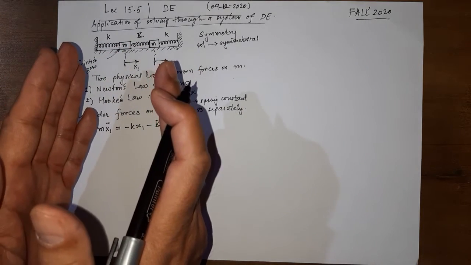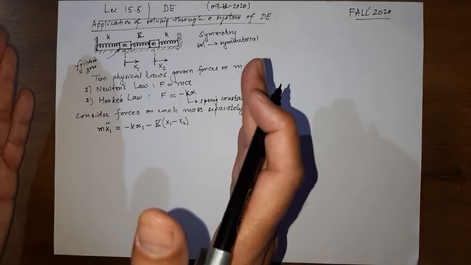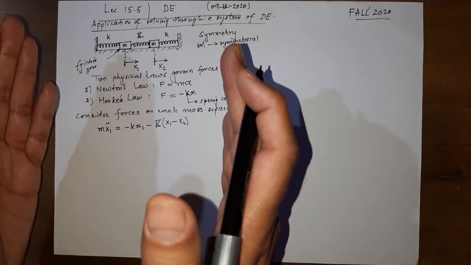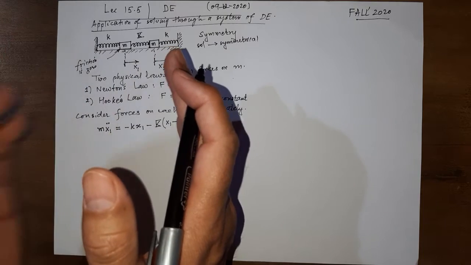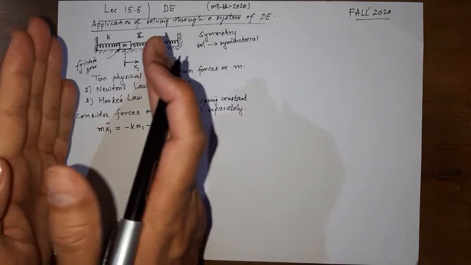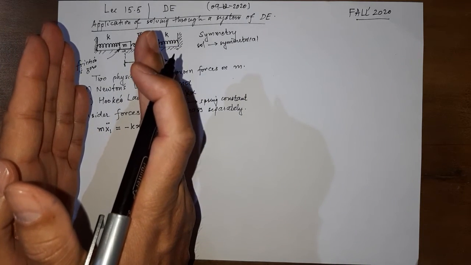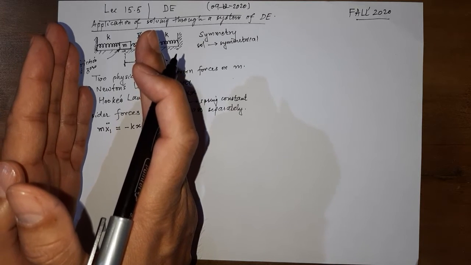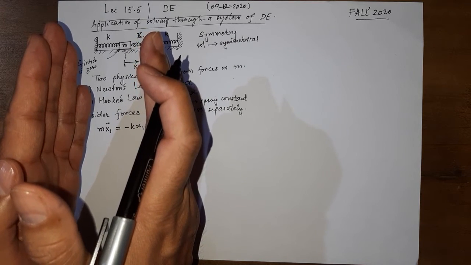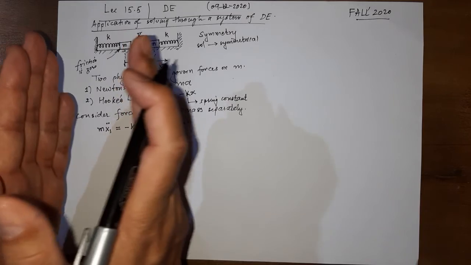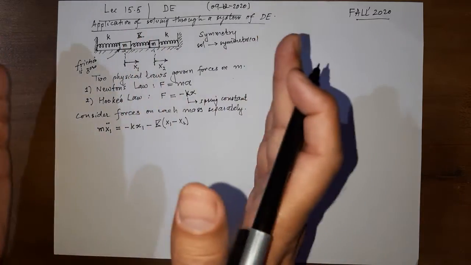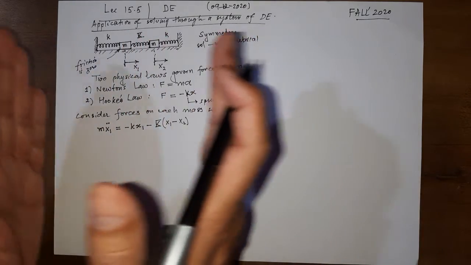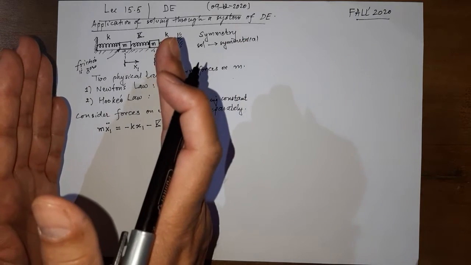So when they move closer, a lot of force; when they move away, a lot of force would be there because of the spring constant capital K. So you see, we can envision that there would be two motions possible: moving together, and moving towards each other and away from each other simultaneously.